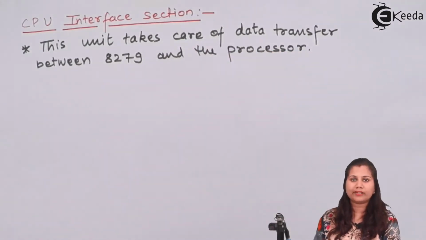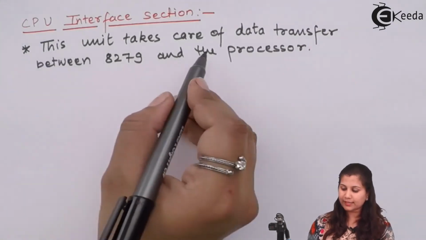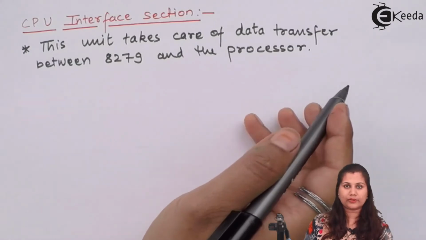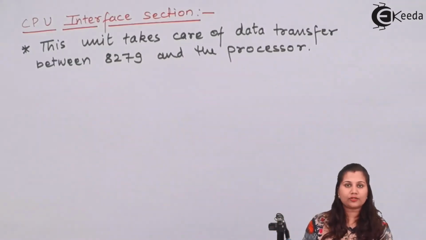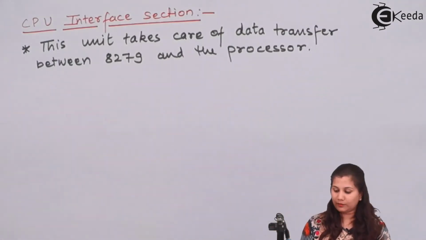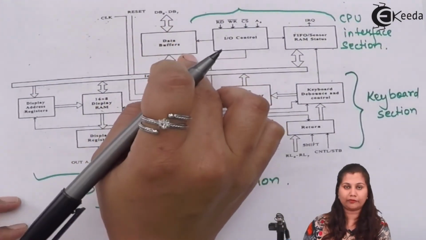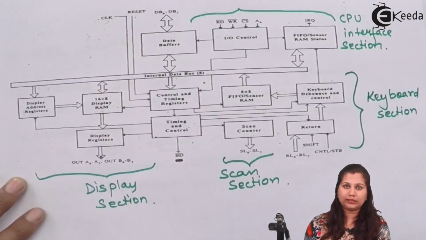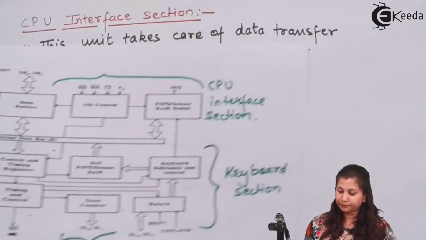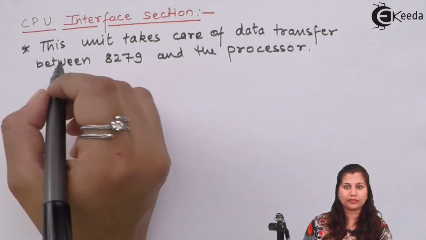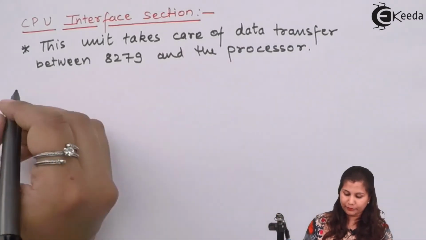The CPU interface section takes care of the data transfer between the 8279 and the processor. Whatever data is to be transferred between the 8279 and processor, the CPU interface section helps in it, because this section consists of the data bus and the data buffers. So through the data bus only the data is going to be transferred.